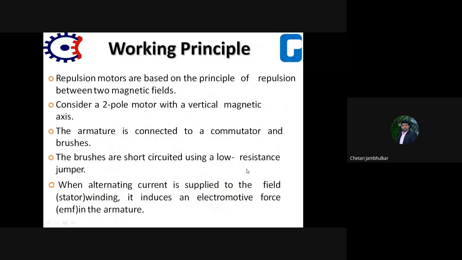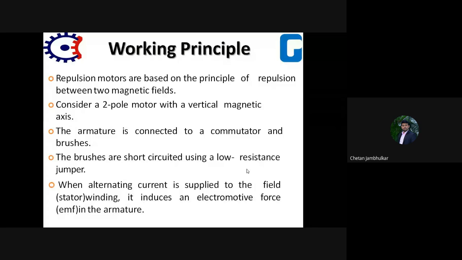So the brushes are short circuited using a low resistance jumper, and when alternating current is supplied to the field winding or stator winding, at that time an electromotive force is induced in the armature.